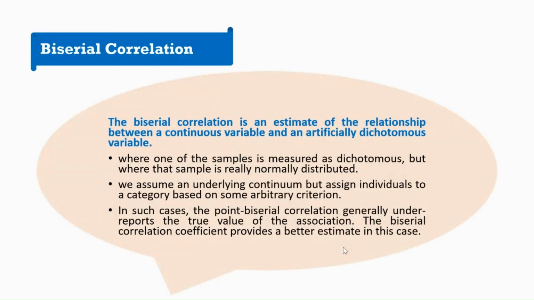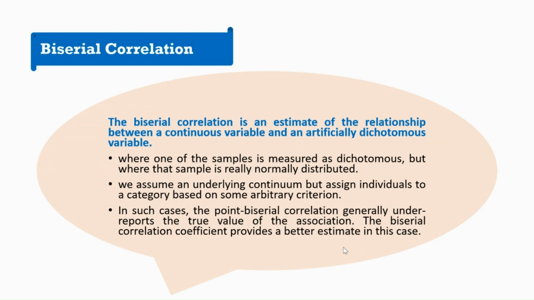It means the nature of that variable is normally distributed, but we made it dichotomous. We assume an underlying continuum but assign individuals to a category based on some arbitrary criterion, and based on that arbitrary criterion, we divide this into two parts.